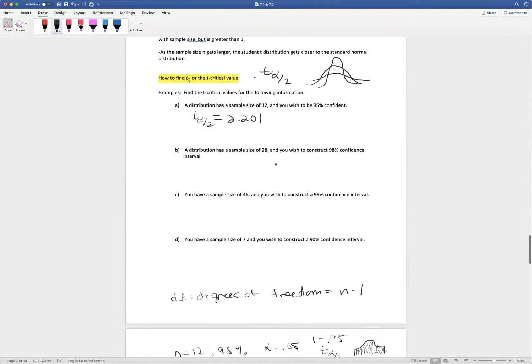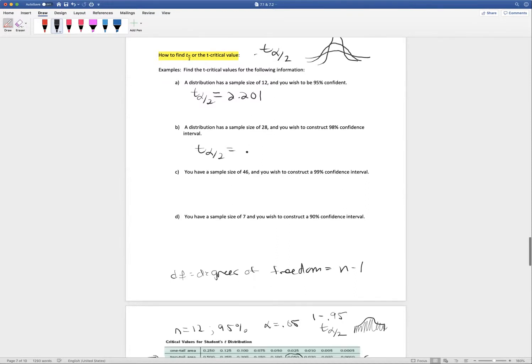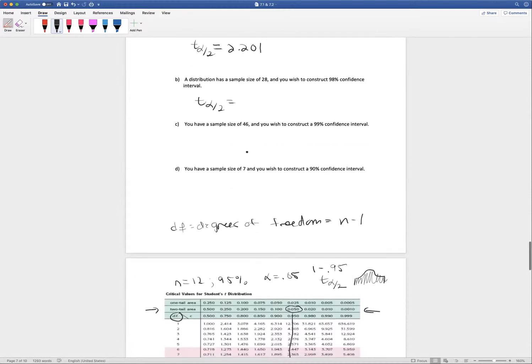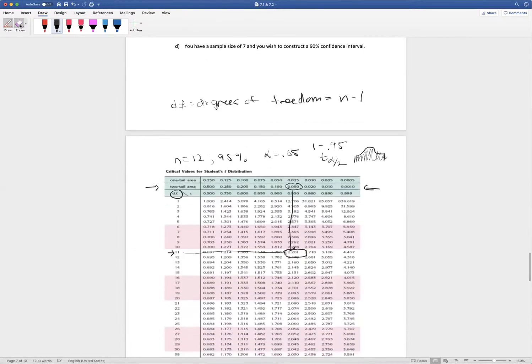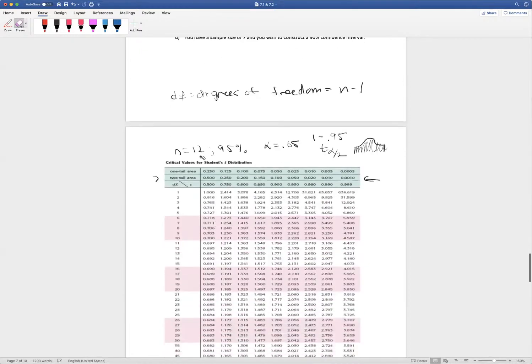Okay, let's do a few more examples just to make sure that you understand how this works. In this example, a distribution has a sample size of 28 and you wish to construct a 98% confidence interval.